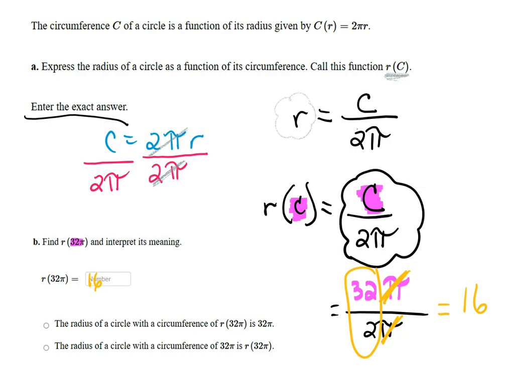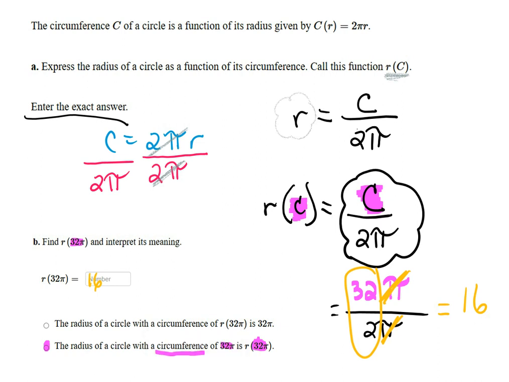Oh, it's the bottom one. Yeah, because we took out the circumference. That was the c, and that was right here, 32 pi. The circumference is the 32 pi because we put it in the r of c function, not the other way around.